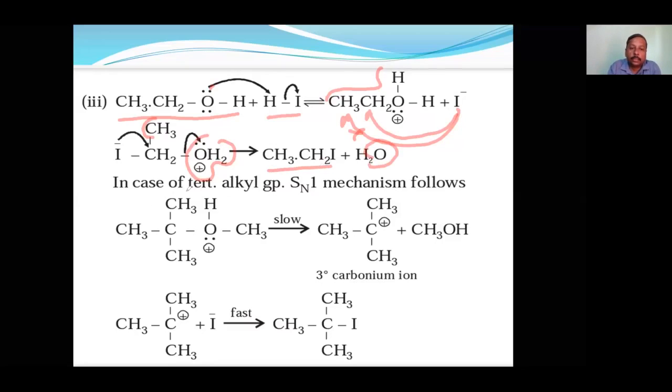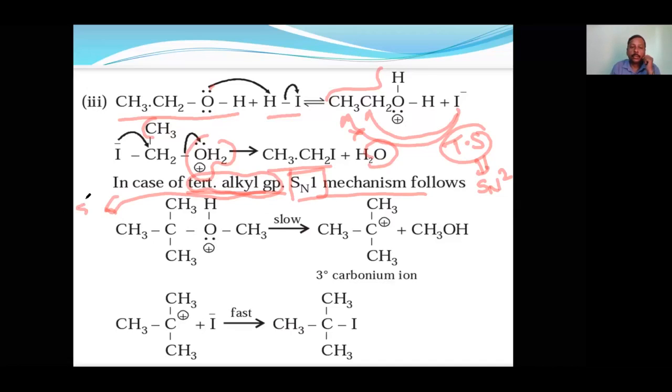In case of a tertiary alkyl group, the SN1 mechanism will follow. The transition state, as you have studied in haloalkanes, you will find in the SN2 mechanism. But if tertiary, as I told you, iodine will go to the tertiary carbon because at that time it is the SN1 mechanism. In an SN1 mechanism, stability is more.